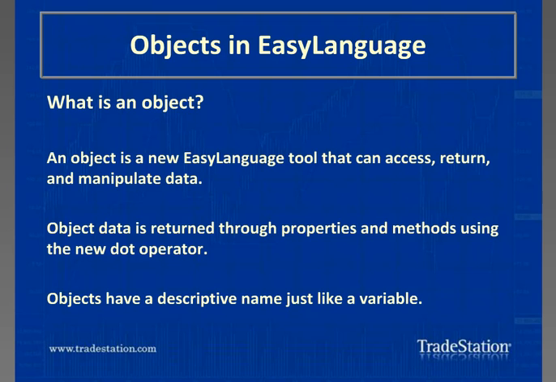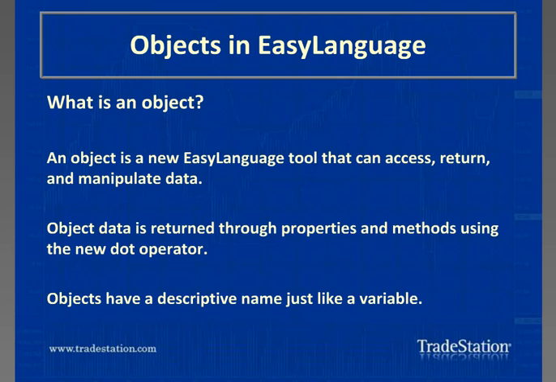Once you see how it works, then you'll have in your mind what an object is and how it should be described. But let me do my best here. So an object is a tool that can access, it can return, and it can manipulate data. It does this through properties and methods.